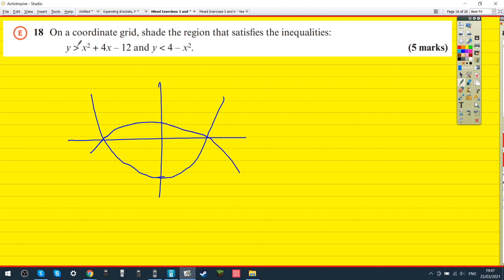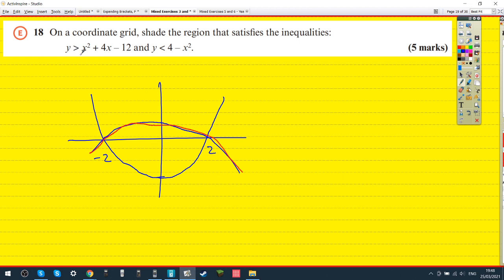So we have to say where y is greater than the blue one and less than the red one. So how would you answer that in general? Let's just say that's 2 and minus 2. So we need to make one greater than the other? Where is the y?